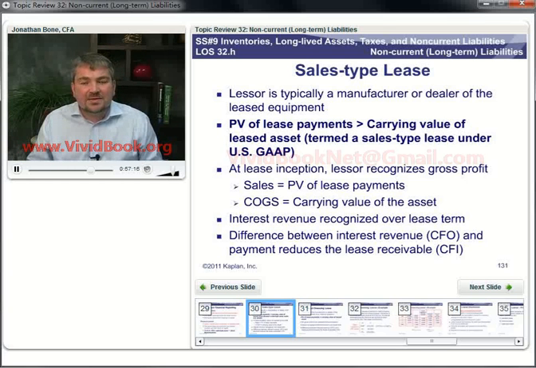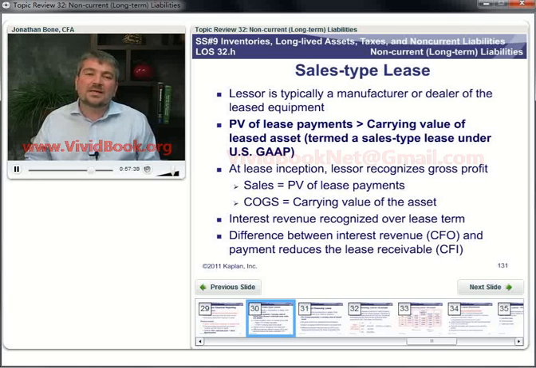What this allows you to do is at inception, the lessor is going to recognize a gross profit. If you treat it as a sales type lease, the asset is removed from their balance sheet as if they disposed of the asset. So what you're going to do is show sales equal to the present value of the lease payments you've received, and compare that to the cost of goods sold for the disposed asset, which will be the carrying value of the asset.